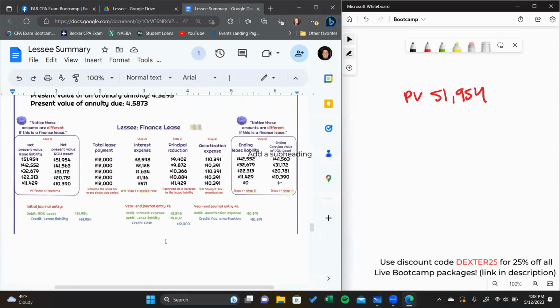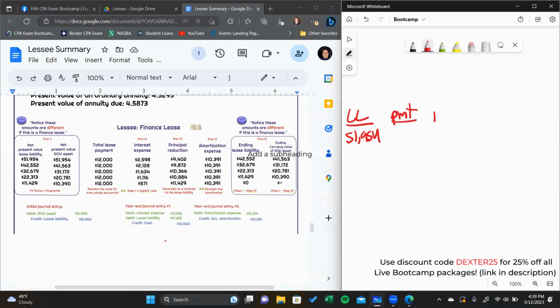So if we set up a table, we've got lease liability of 51,954. We have a payment, we've got interest, we've got our difference, and then we've got lease liability. Our payment is still $12,000. The initial interest expense, we already did that. Remember, we took the 51,954 times the 5%, and that gave us 2,598.